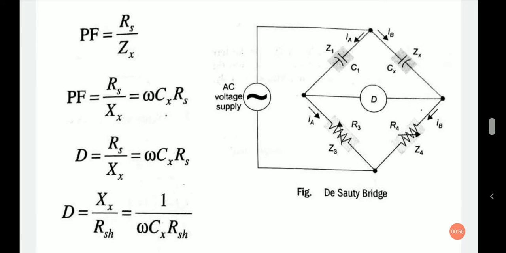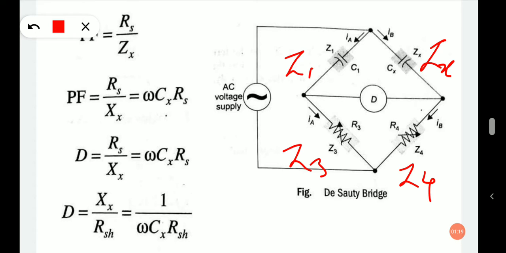From the figure, we can say that the circuit of the De Sauty bridge consists of two purely capacitive impedances Z1 and Zx, with zero leakage current through the dielectrics, and two purely resistive impedances Z3 and Z4.